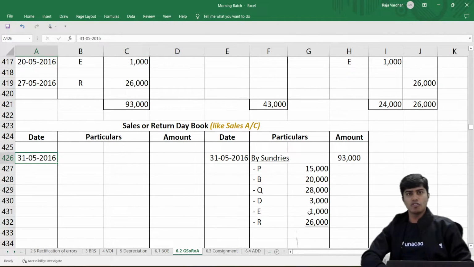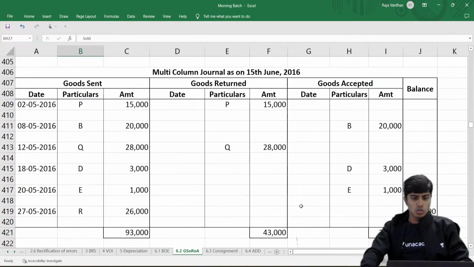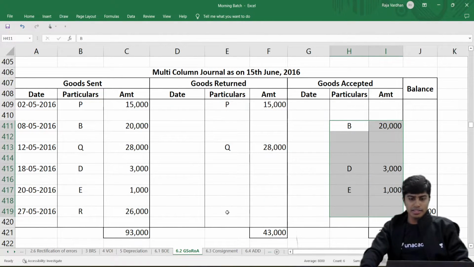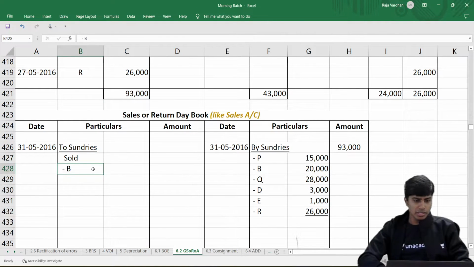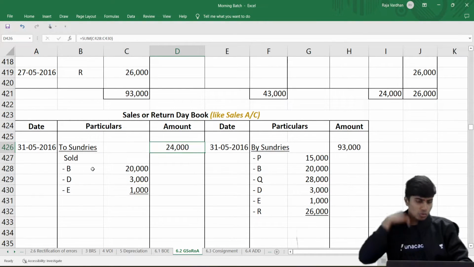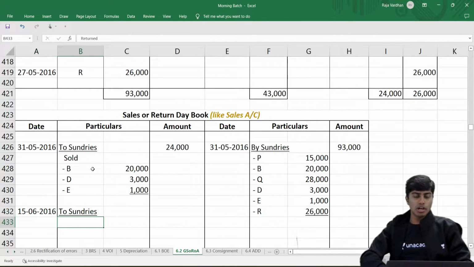And here on 31st of May, I'll write again two sundries. Sold I'll write separately, returned I'll write separately. Sold is B, D, E, 23 and 1, together 24,000. And on the same date again, I will write two sundries for return.